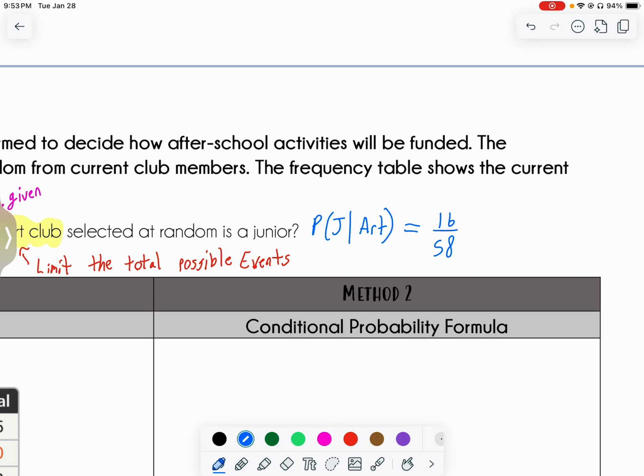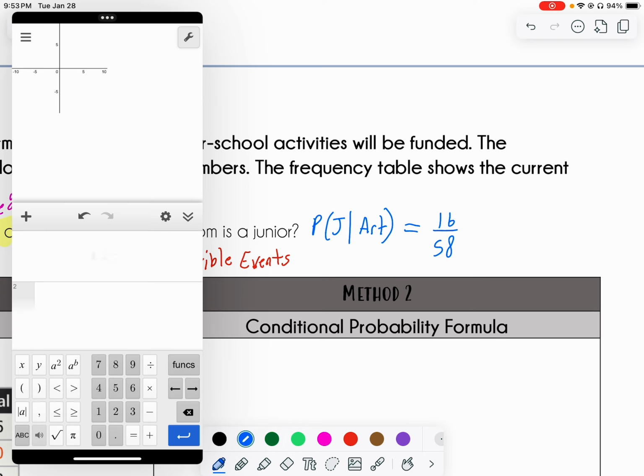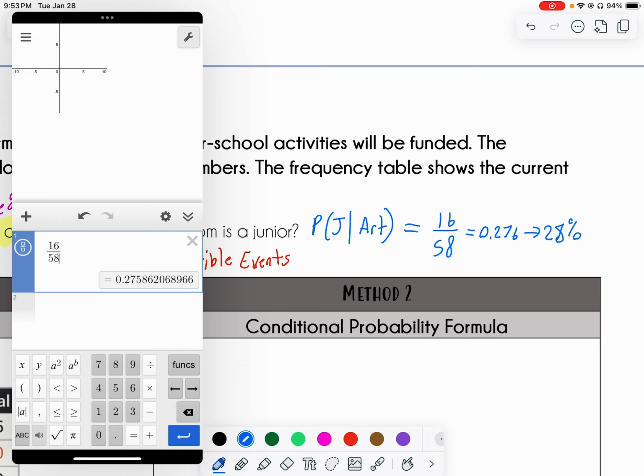Probability of being a junior, knowing that you're in art or knowing that somebody's in art, is going to be 16 out of 58. Now, you could plug that into a calculator and get a decimal value. As a matter of fact, we're going to do that right now. Okay, so we've got 16 divided by 58. 0.275, let's say 6, which translates to 28% approximately.